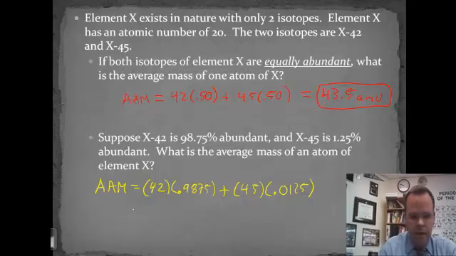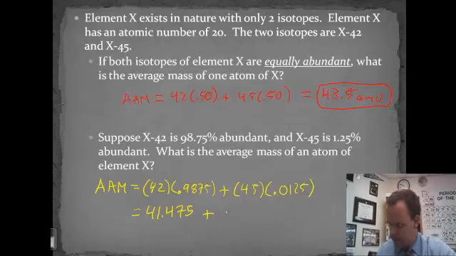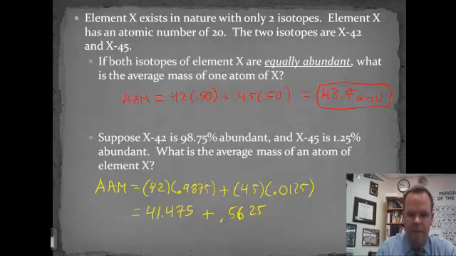The first one, you get 41.475, and you're adding that to 0.5625. I'm going to keep the same number of significant figures here that I had in my percentages. So 3 significant figures in this case, and 4 in this case.